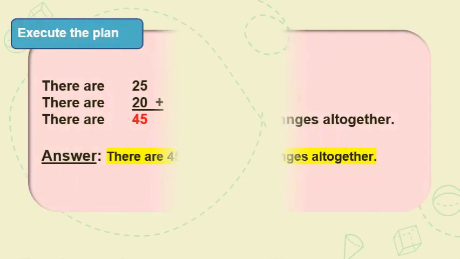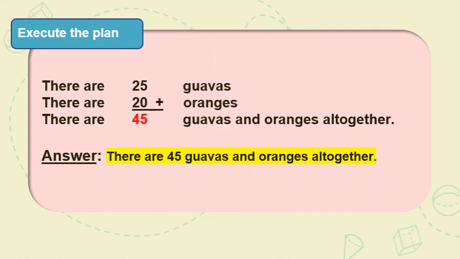Step number 3, we are going to execute the plan. In this, we are going to use the column addition. We are going to put all of the information given. First, there are 25 guavas. Second, there are 20 oranges.